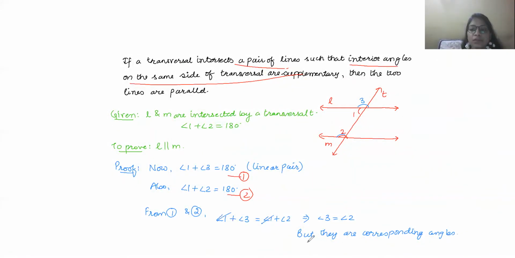Now what we can conclude here is that L is parallel to M. So it means whenever you have a condition that a pair of interior angles on the same side of the transversal are supplementary, you will get that the lines are parallel. So now we can directly apply this result to prove two lines parallel. This is how you will prove two lines parallel using this co-interior angles condition.